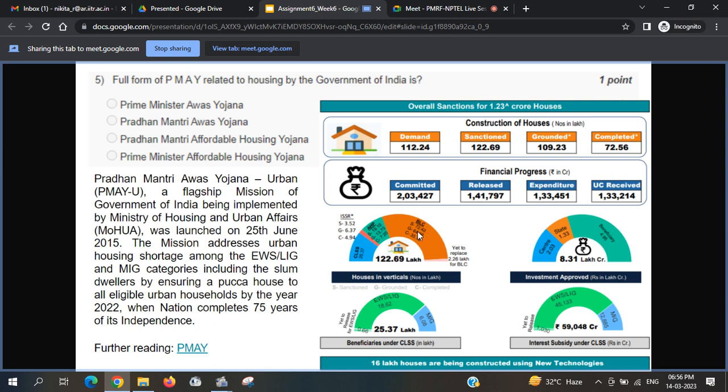For example, BLC is beneficiary led construction, and then investment that is approved by the center or the state government for the specific beneficiary. So CLSS is the construction which is done by central led schemes, and then AHB is another type of construction. You can see the details about all of this if you visit the website.